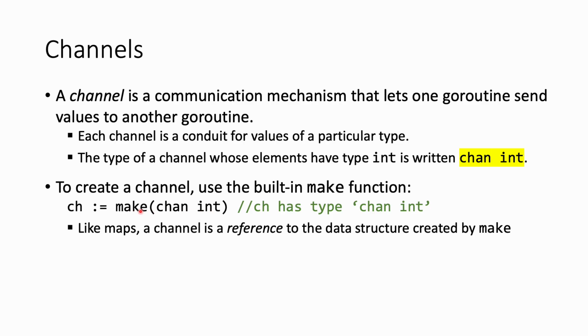This make function allocates memory for a channel and returns it. You can then assign the created channel to a variable ch. Like maps, a channel is a reference to the data structure created by the function make. So here, ch is actually a reference to a channel.